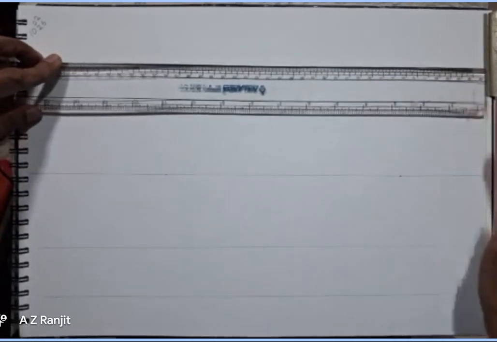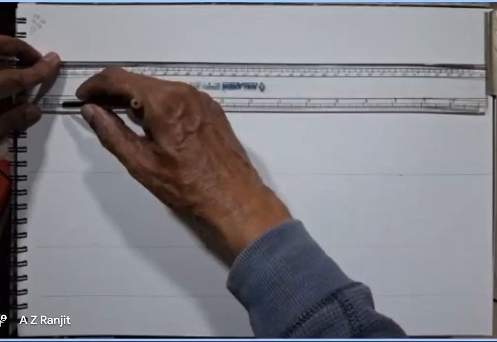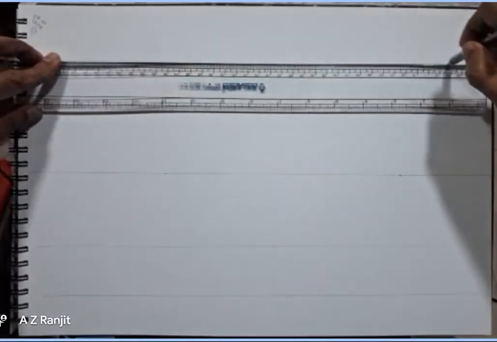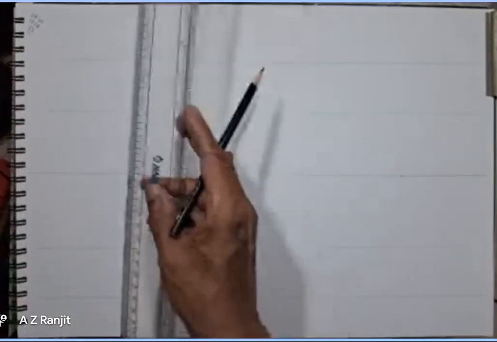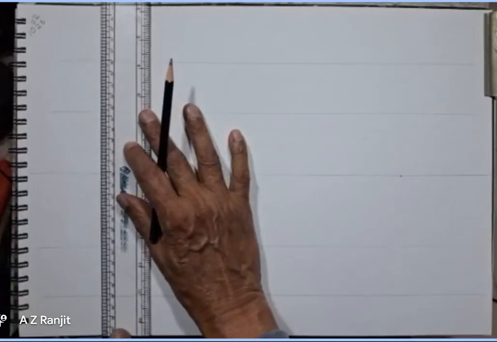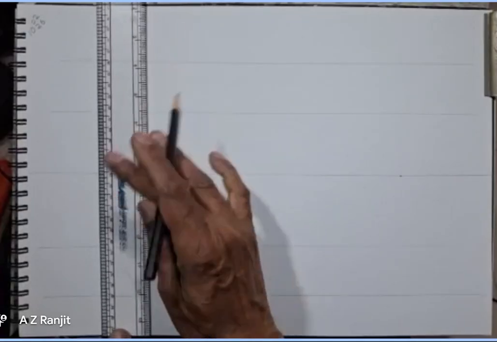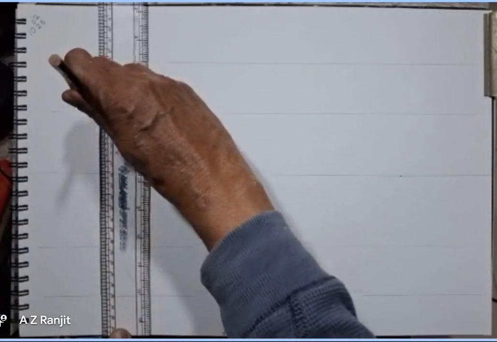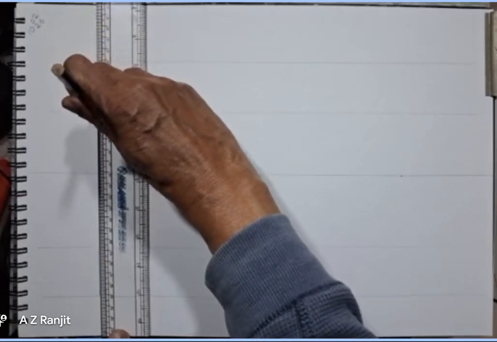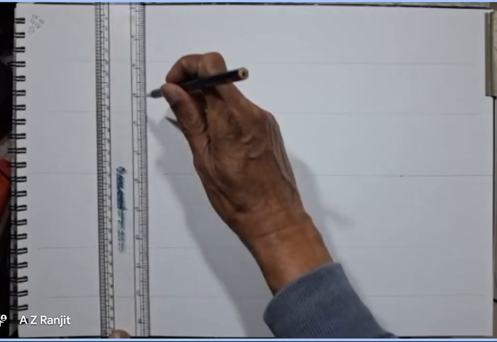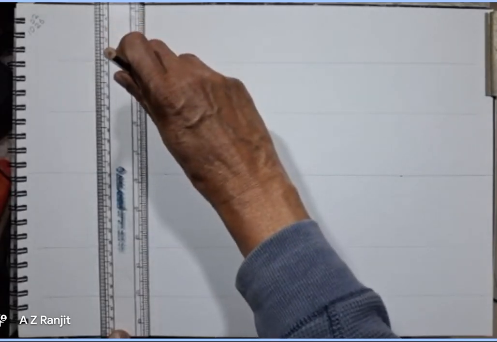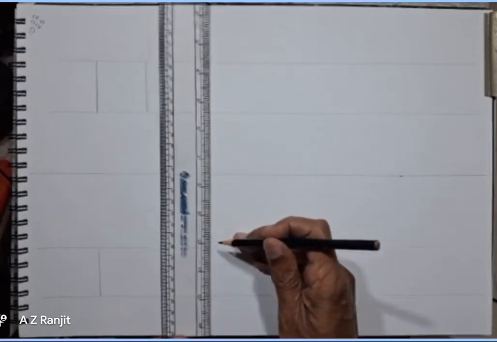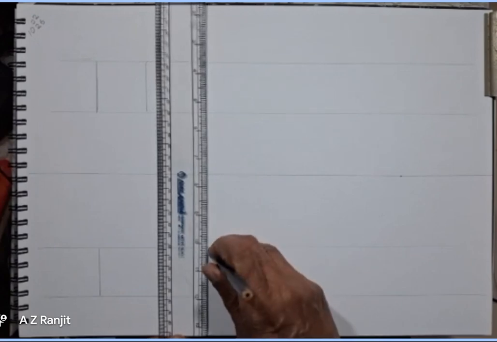I'm drawing it almost parallelly. I have the right to do this because I have the experience. I don't have enough time. I have to teach as much as possible within the given time. Okay, let me make that into a square, almost a square. I'll make this into a rectangle.